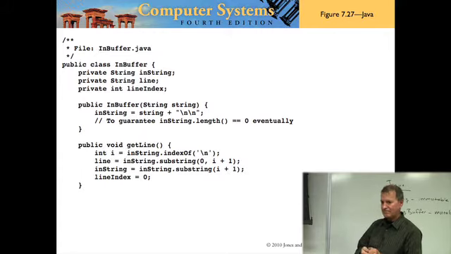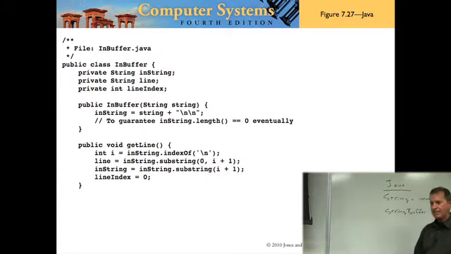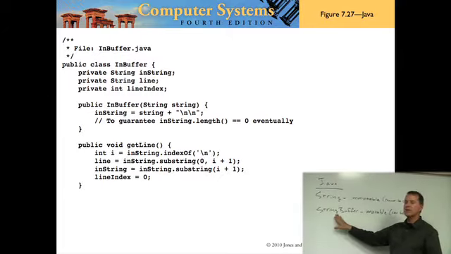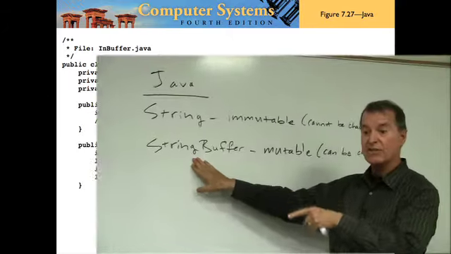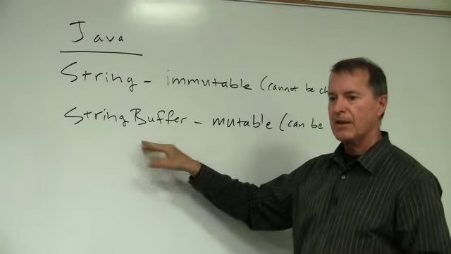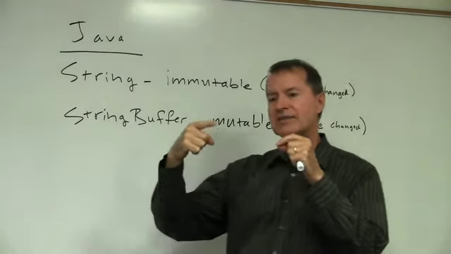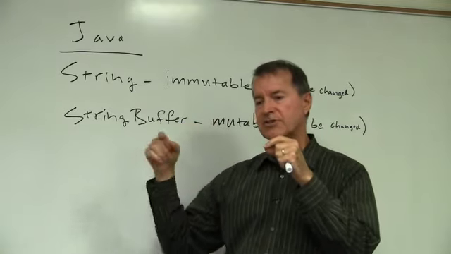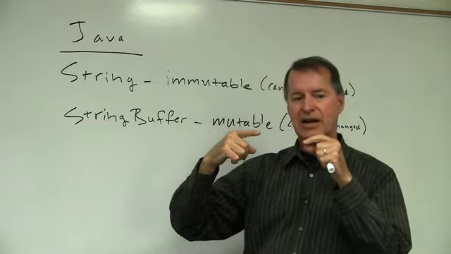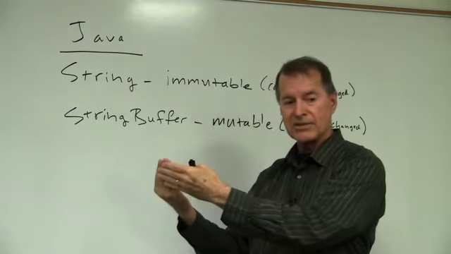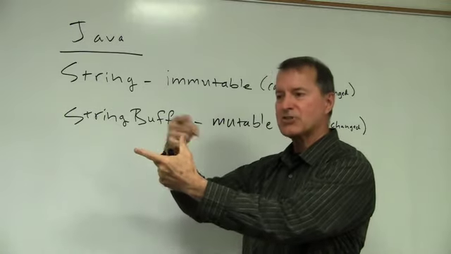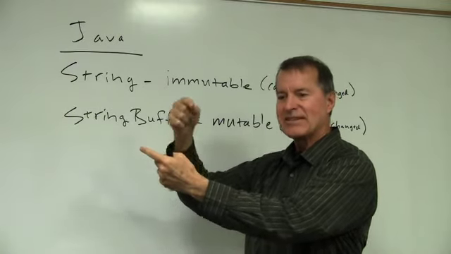So if it was a string buffer, could you say string gets string plus string? Well, string buffer is another whole class, and we'll see. The reason we're doing this is that we're going to use the string buffer for efficiency. As we scan the characters one at a time, we want to have just that one thing and be able to change it, just stick it on the end.